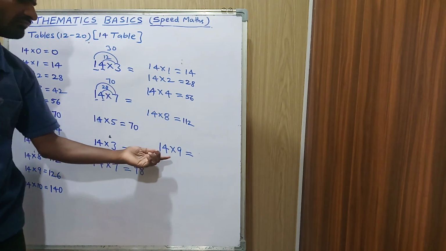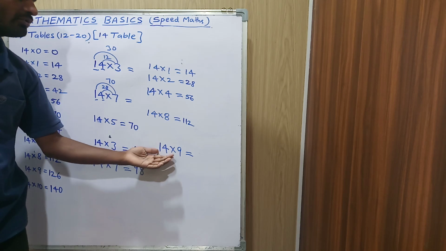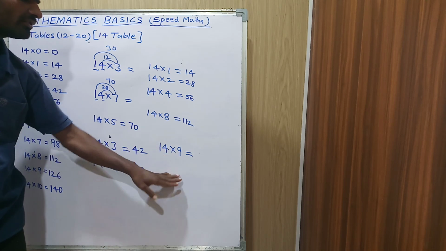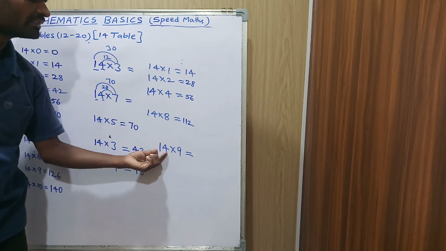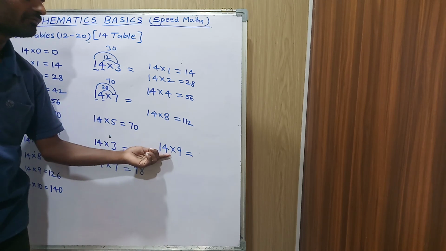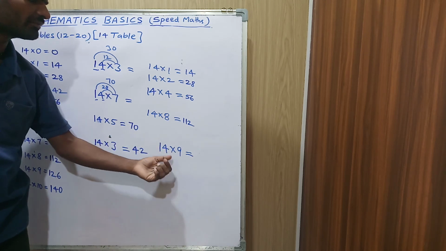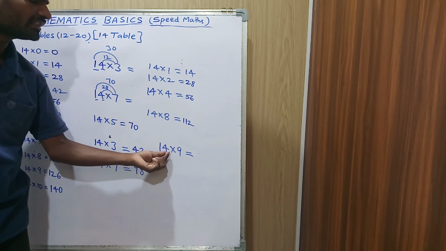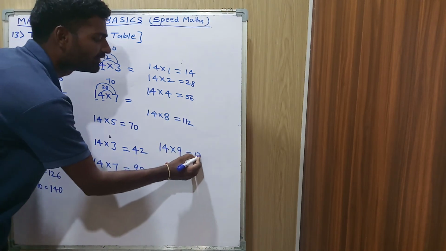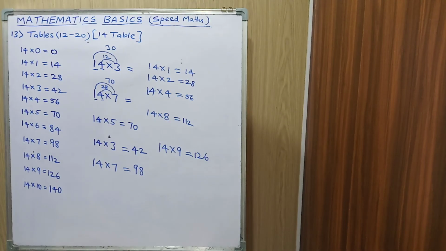Don't worry. To get 14 nines, think about 14 tens. From 14 tens, if you subtract 14, then you will get the 14 nines answer. We know that 14 tens are 140. From 140, subtract 14. So 140 minus 10 is 130, 130 minus 4 is 126.